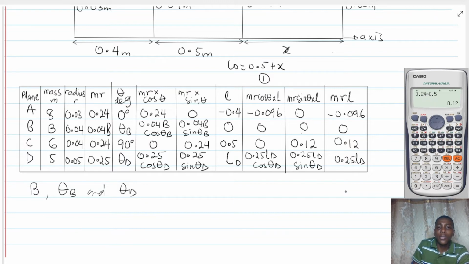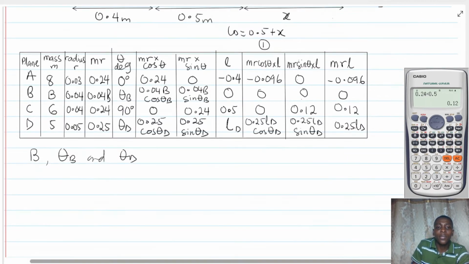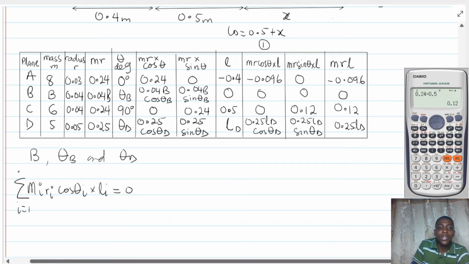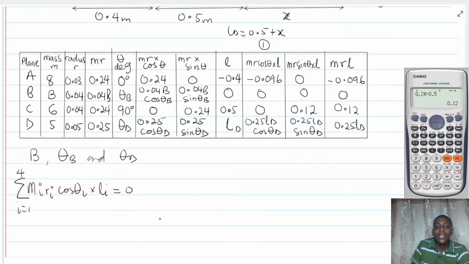In other words, we are saying that the sum of Mi Ri cos theta i multiplied by Li should be 0, summing all of them from the first mass to the fourth mass. And why are we doing this? For equilibrium of a rigid body, the summation of forces should be 0, and the summation of moments should be 0.